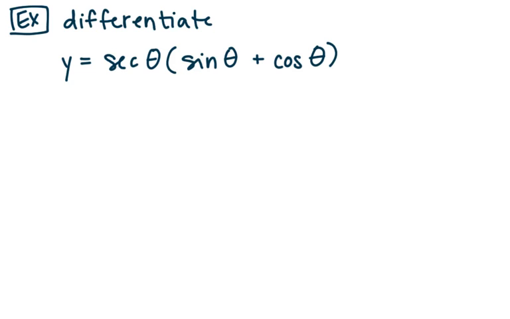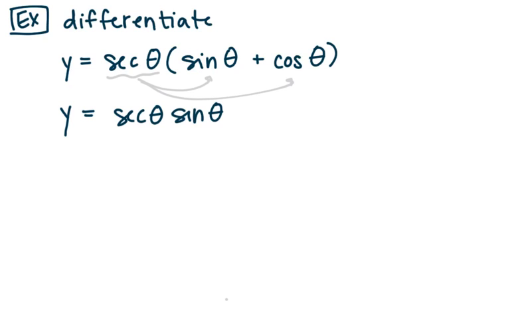However, what would happen if I took this secant theta and distributed it? That would give me y equals secant theta sine theta plus secant theta cosine theta. What I want you to remember now is that secant is 1 over cosine.